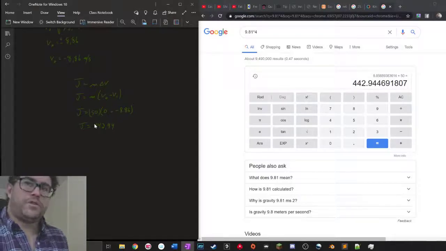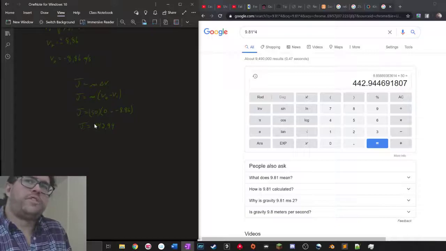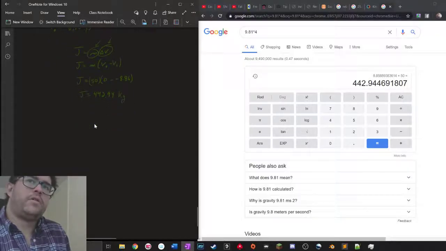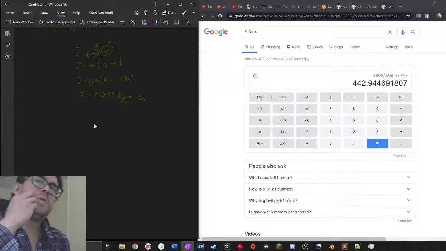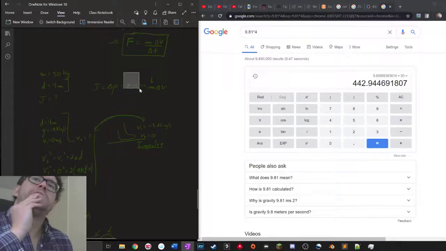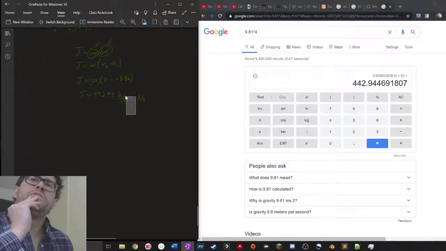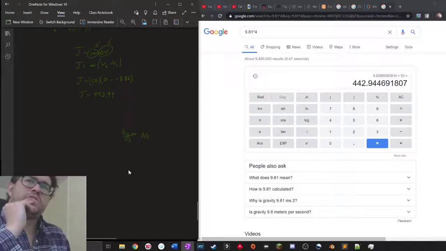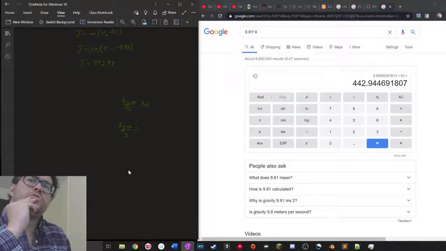Units, please. God. So if you don't remember the units, and I don't blame you, you look here. Kilogram meter per second. Or Newton second. Because this is Newton second. And the impulse itself is always measured in Newton seconds. Is this equal to that? Let's just make a quick check. Kilogram meter per second, is that equal to Newton second?